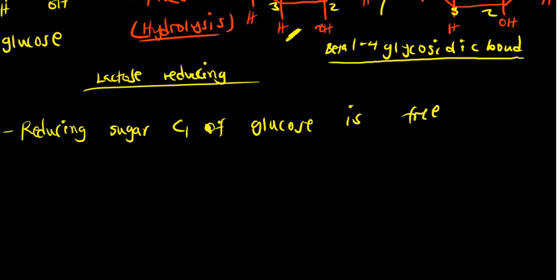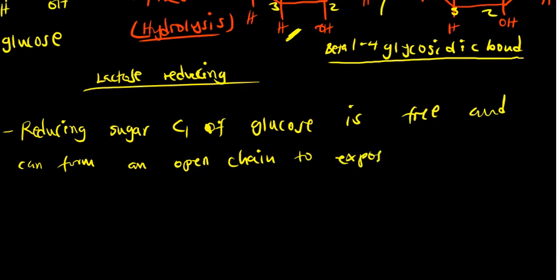And this means that it can form an open chain to expose the aldehyde group, because what is important is the aldehyde group for the reactions, hence it has the reducing properties.